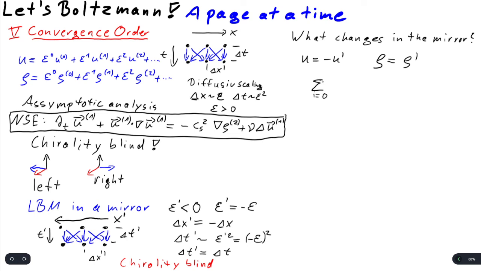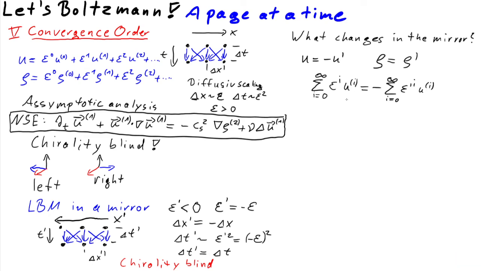So from I equal to 0 to infinity, we expand the velocity in epsilon, and this is equal to minus the sum from I equal to 0 to infinity of epsilon dash to the power of I, and here we have u of the order of I. So why is this the same velocity as in the other coordinate system?